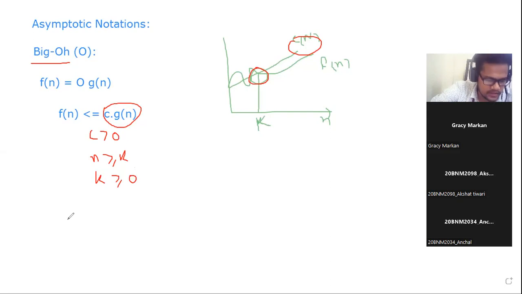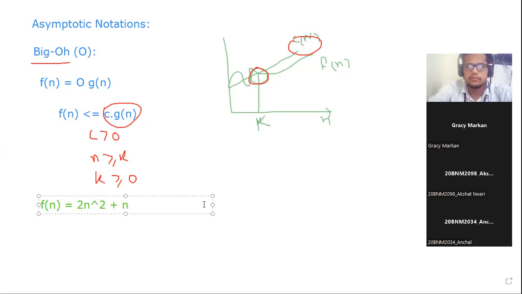Now, the next thing. Let's suppose Fn equals 2n power 2 plus n.